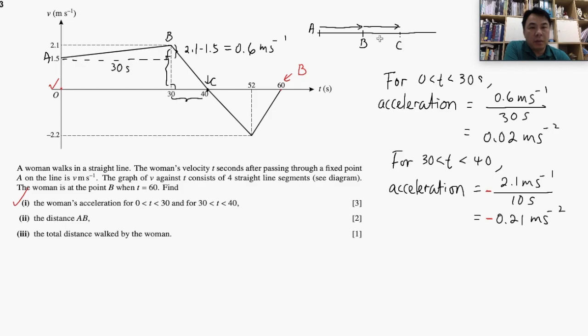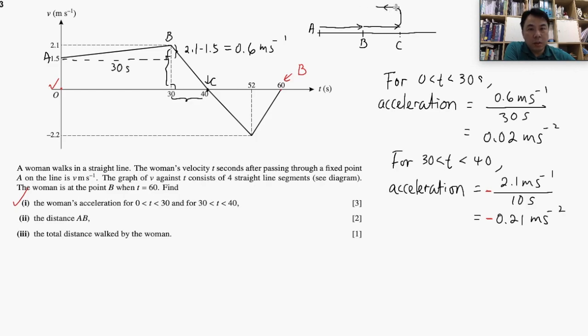instantaneously at rest. It doesn't mean that it stops moving, but it's some sort of making a U-turn or changing direction. So you can see that it's changing direction at point C. Therefore, this velocity becomes negative to indicate that the direction has changed.